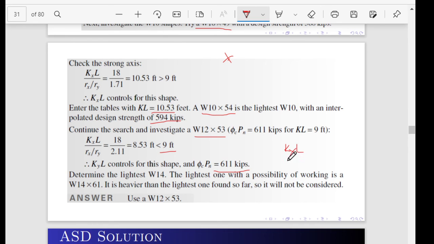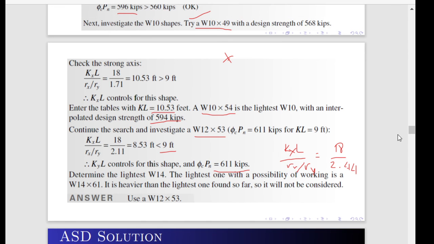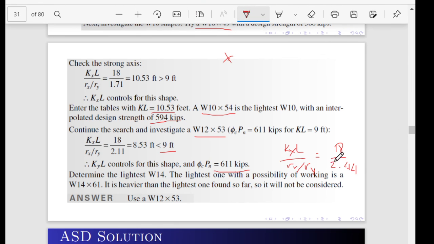So, the value for the strong axis, KXL over the ratio RX over RY: that is 18 for the strong axis divided by the ratio, 2.44, according to the radius of gyration values. The answer is 7.37, which is less than 9 feet.